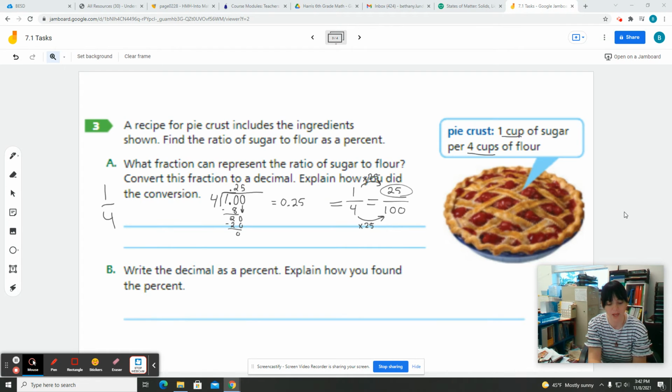Okay. And I showed the work on both of these problems, so I'm going to accept that as explaining how you did the conversion, is that I can see, right, we have finding the unit rate and equivalent ratios.